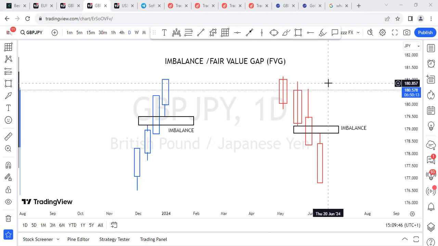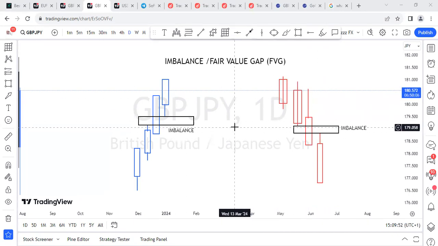So what is imbalance or fair value gap? Imbalance in the Forex market is a gap in the market, a situation whereby there is no balance in the market.